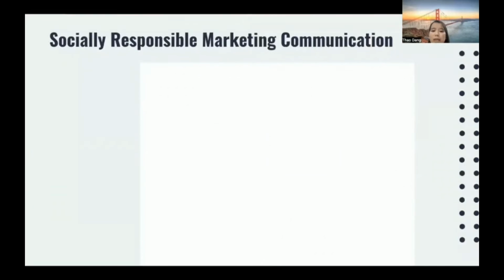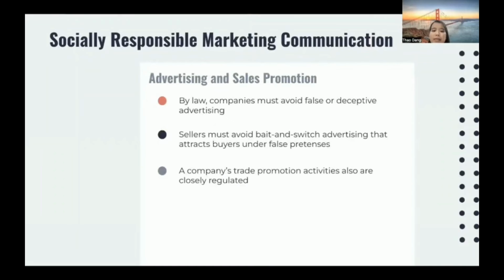Socially responsible marketing communication. Advertising and sales promotion. By law, companies must avoid false or deceptive advertising. Advertisers must not make false claims, such as suggesting that a product kills something when it does not. Sellers must avoid bait and switch advertising that attracts buyers under false pretenses.